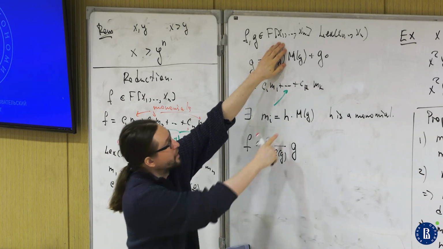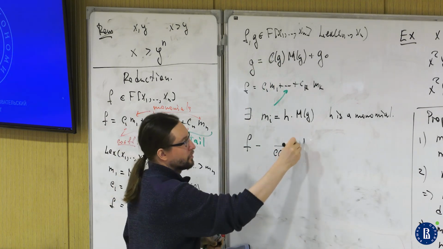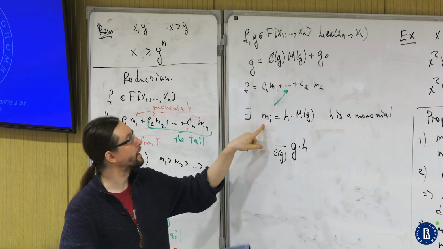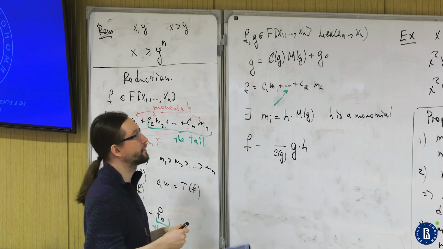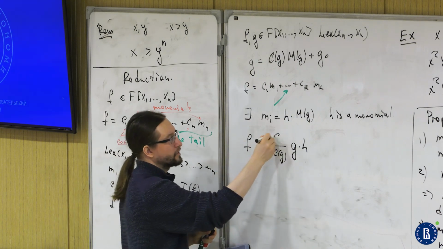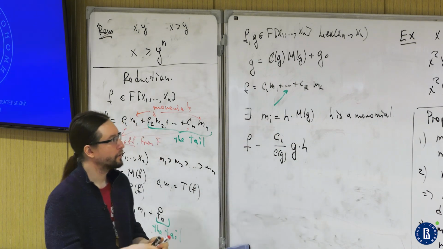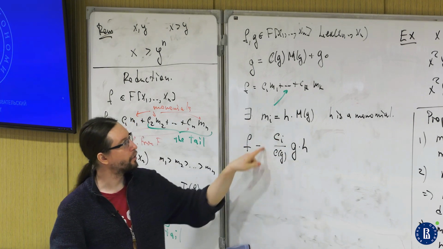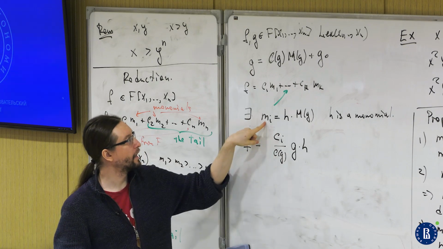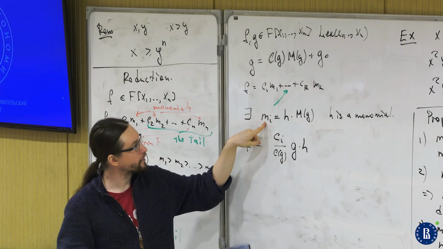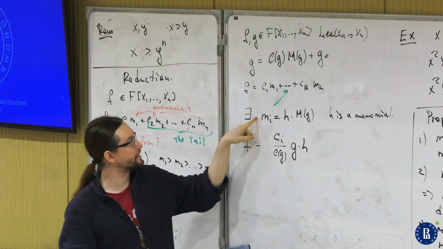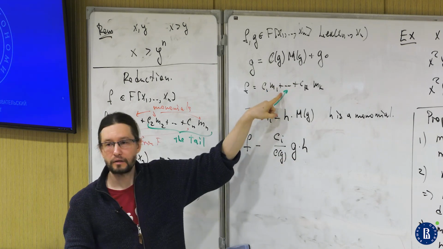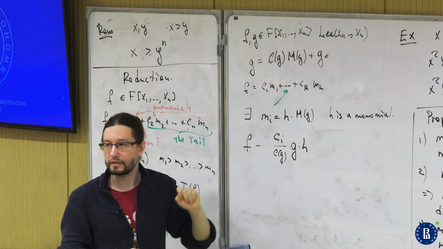Then I want to multiply by h in order to make the leading monomial of this polynomial to be mi. And then I want to have the same coefficient as here, which is ci. So if I do all this, then the highest monomial of this polynomial will be mi, and the highest coefficient of this polynomial will be ci. So when I subtract this, I will cancel the i'th summand here.